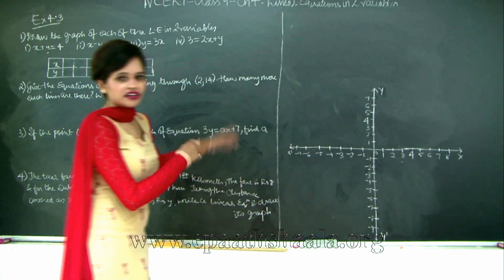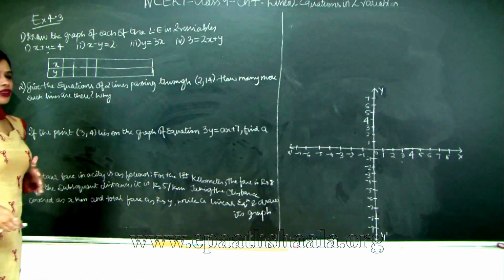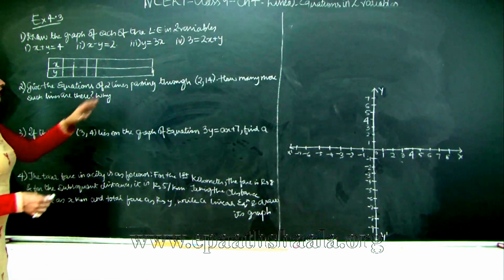Okay. So, we have a graph and table ready for solving the third question, which is y is equal to 3x.